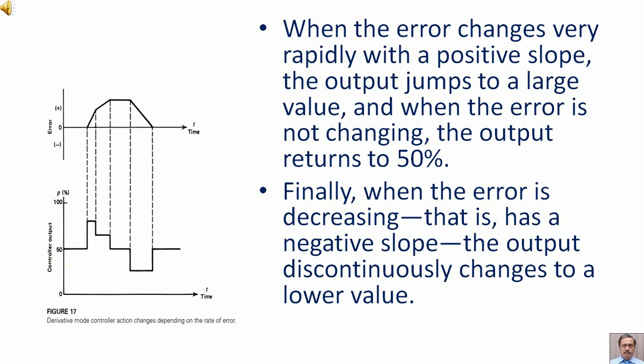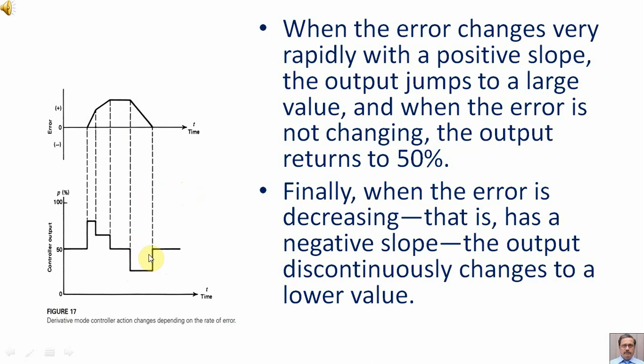When the error changes very rapidly with a positive slope, the output jumps to a large value, and when the error is not changing, the output returns to 50%. Finally, when the error is decreasing, that is, has a negative slope, the output discontinuously changes to a lower value.